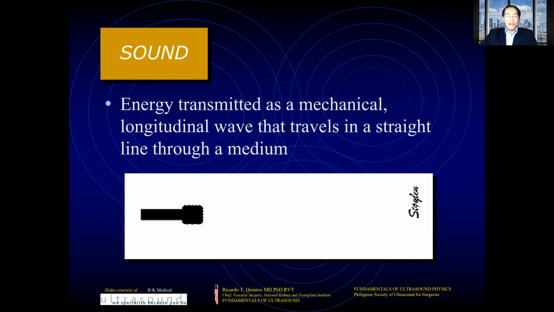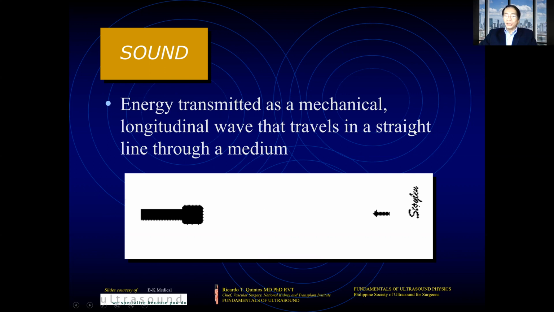Sound is energy transmitted as a mechanical longitudinal wave that travels in a straight line through a medium. This is the definition of sound that will show you that all of these important components should be present for sound to occur. It is an energy that is transmitted as a mechanical longitudinal wave.